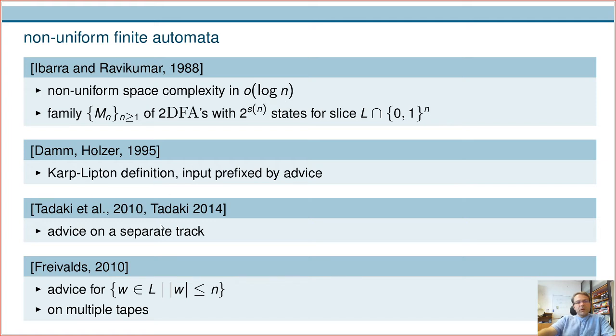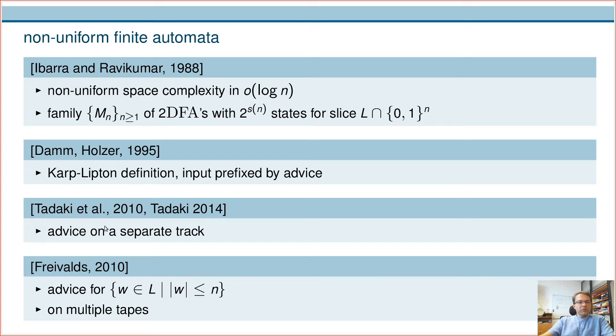A notable series of papers is by Tadaki and co-authors from 2010 and 2014, where the advice is written on a separate track, so above each input symbol there is one advice symbol, which is nice because it does not introduce new resources like new tapes or new heads, but on the other hand you are still quite restricted in what sizes of advice you can process.